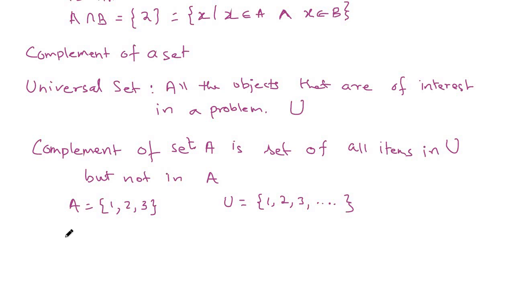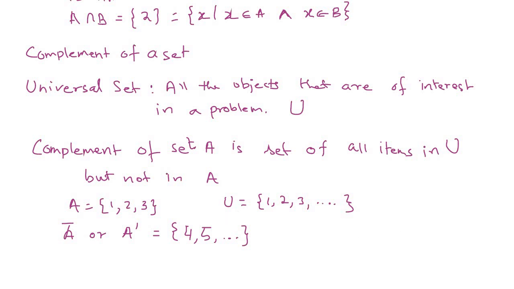So A complement, which is denoted by A bar or A prime, contains all the elements that are not in A but in U. So it does not contain 1, 2, or 3; it will contain numbers from 4 onwards, because 1, 2, 3 are in A, so they will not be part of the complement of A.